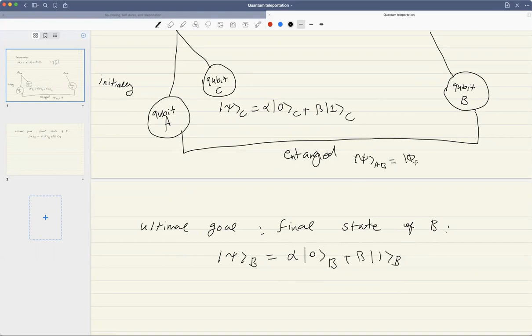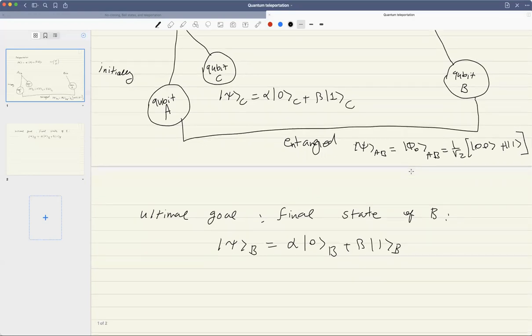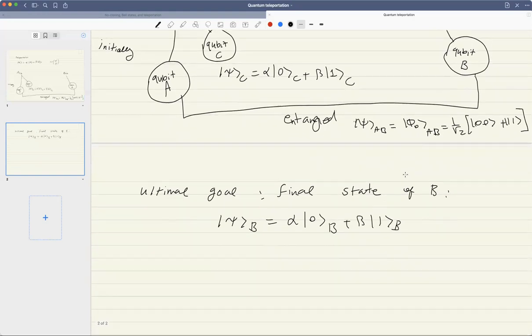So we pick phi naught of AB, which is 1 over square root 2 of state 0, 0 plus 1, 1. So 0 of A tensor 0 of B plus 1A tensor 1B. So that's our initial state.